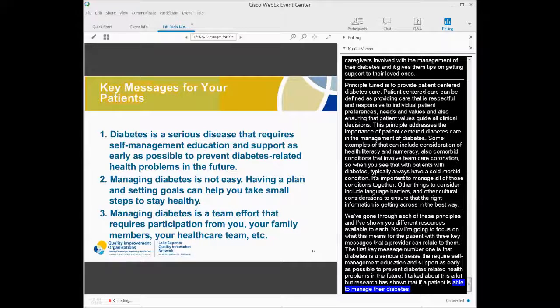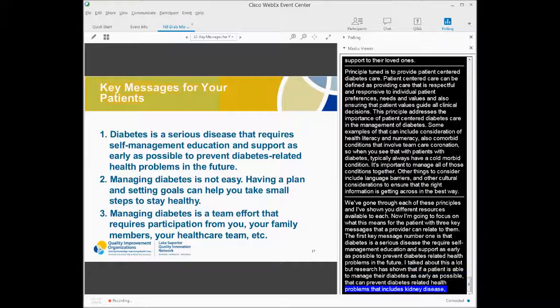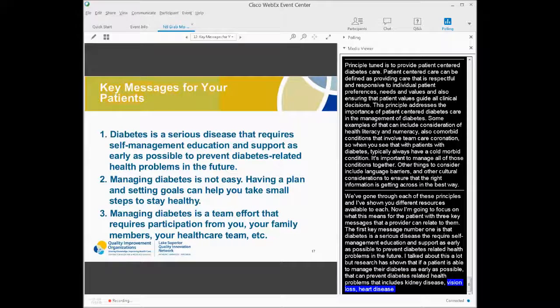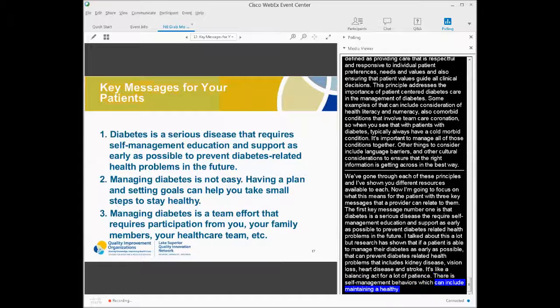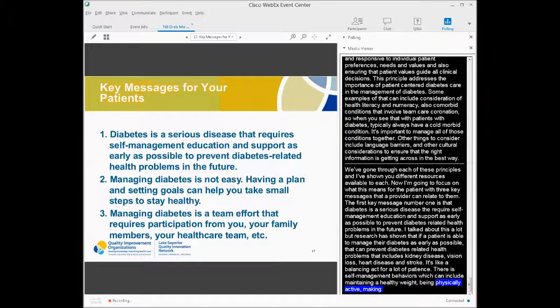So managing diabetes is like a balancing act for a lot of patients. Their self-management behaviors can include maintaining a healthy weight, being physically active, making healthy food choices, taking medications as their physician has prescribed to them.